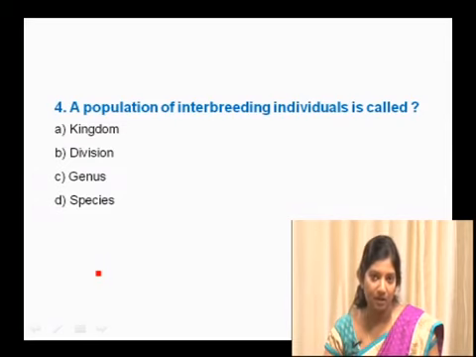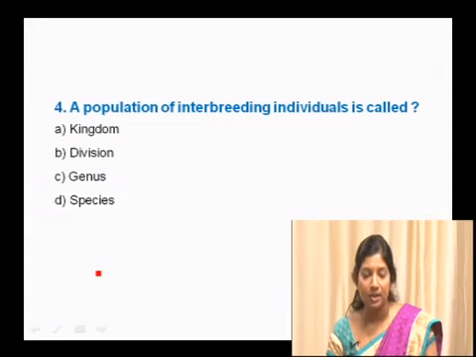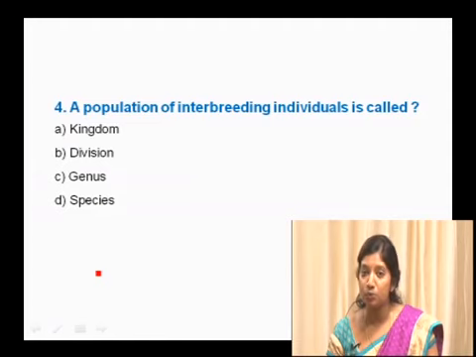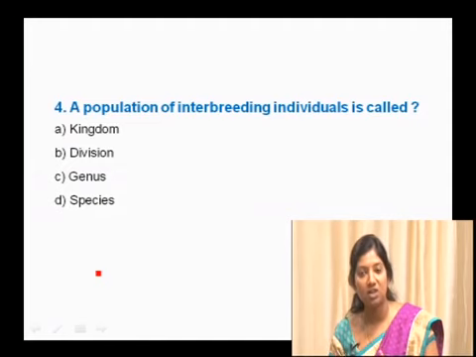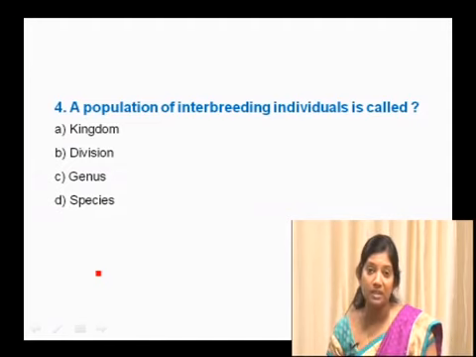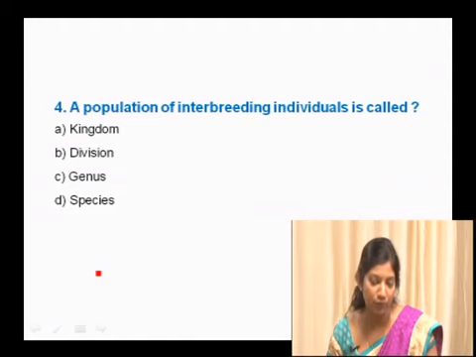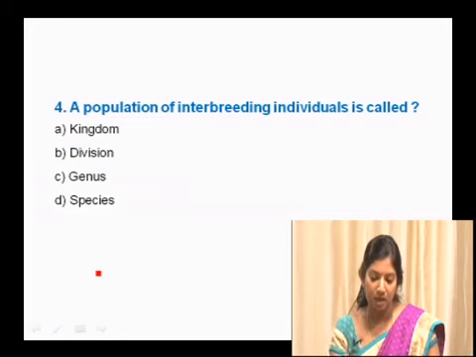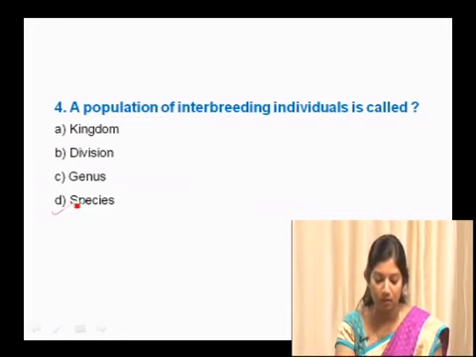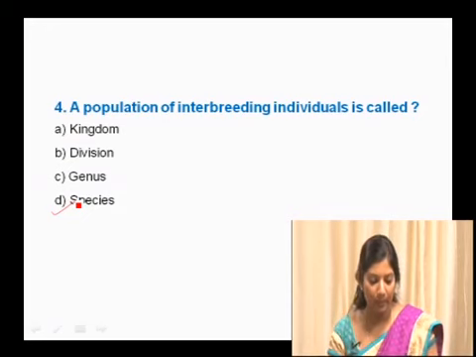A group of organisms which morphologically resemble each other, and if they interbreed, are in a position to produce fertile offsprings, then they are said to be species. In short, a group of morphologically similar organisms which can interbreed to produce fertile offsprings are called species. So here the right answer, a population of interbreeding individuals, is called option D, species.